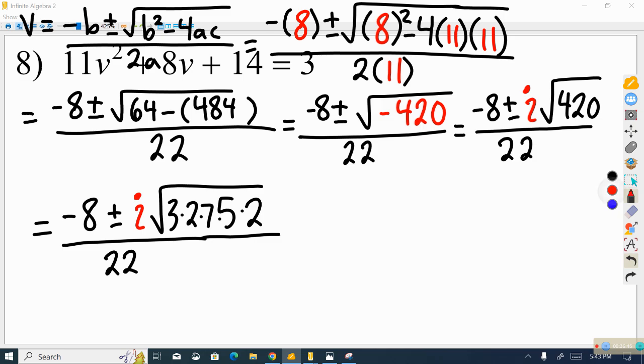And do any numbers pop up twice, right? We have a repeated factor. We have 2 and we have 2. So those would be the numbers that come out, and the ones that will stay inside are the ones that don't have a pair, right? We have 3 times 7 times 5. Those will stay inside. So we'll write equals -8 plus or minus.